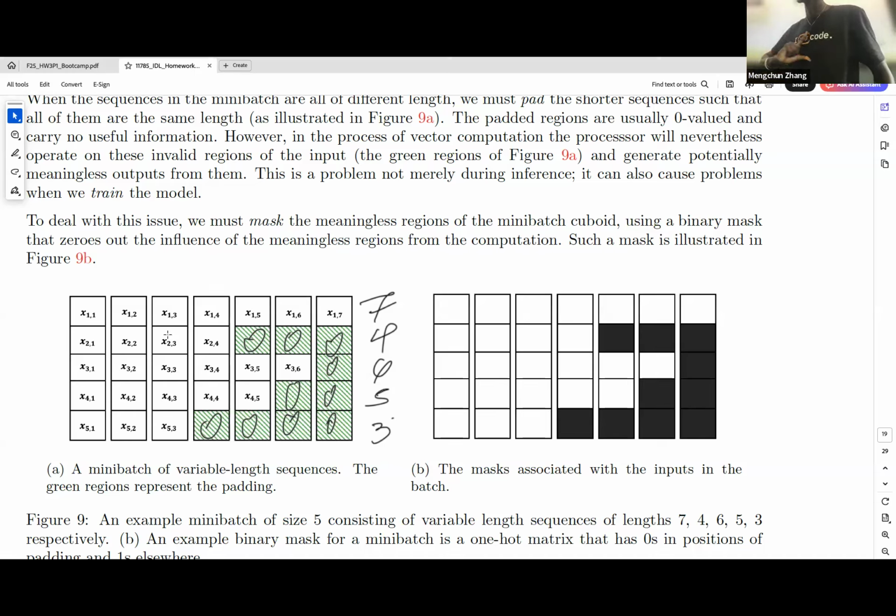When you are passing data into the model, it looks at the input size of the batch and says, okay, this is the input size that I'll be taking for this particular batch. If the next batch comes, it also looks at that batch's input size. So if you're sending a batch like this, you'll quickly realize that we'll have different lengths of incoming data. So what we normally do is put in these zeros.